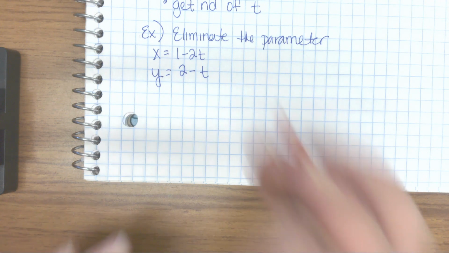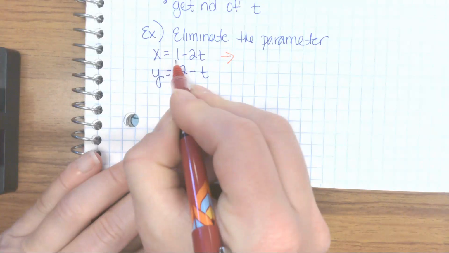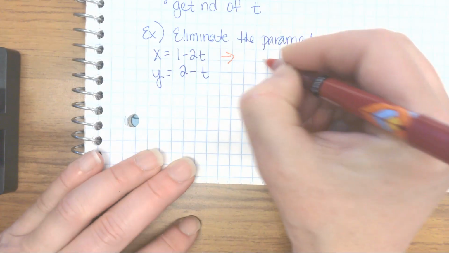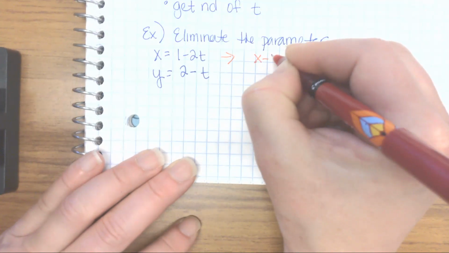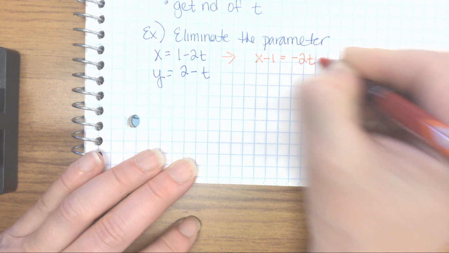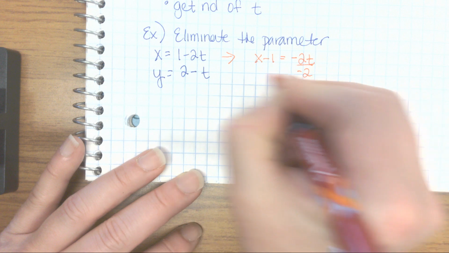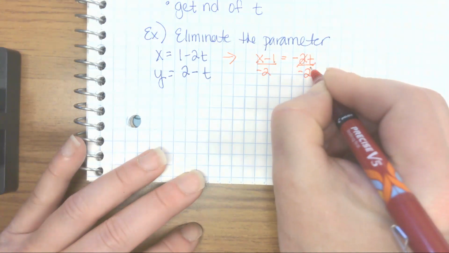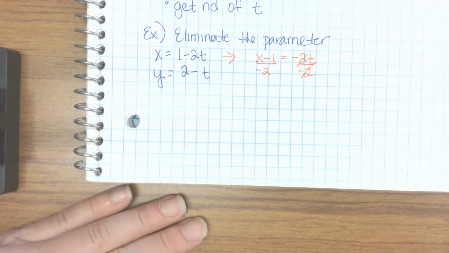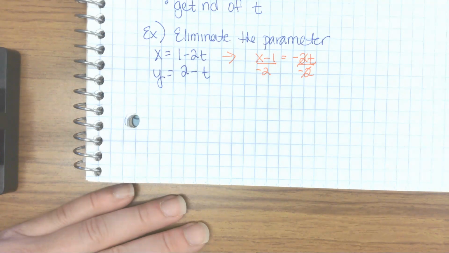Okay, let's do x. If I wanted to get t alone, I would first have x minus 1 equals negative 2t, correct? And then if I divided both sides by -2, t equals (x minus 1) over -2. You following so far?